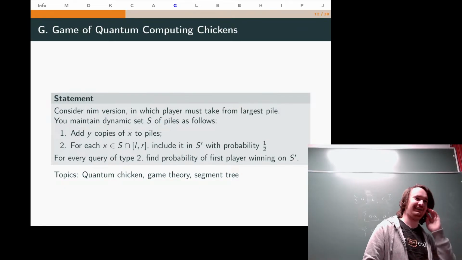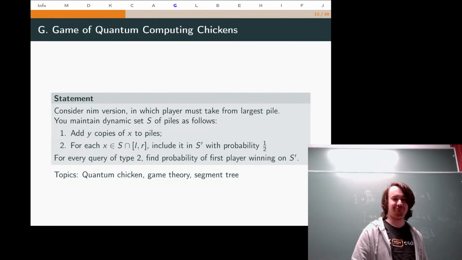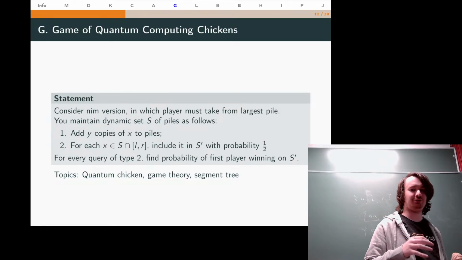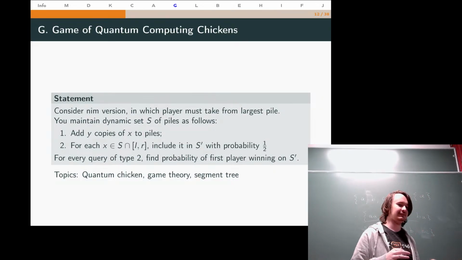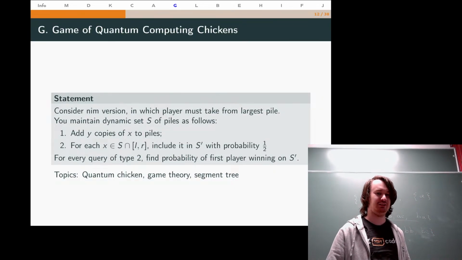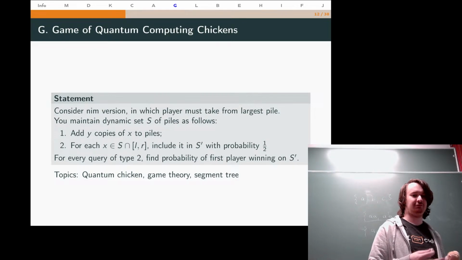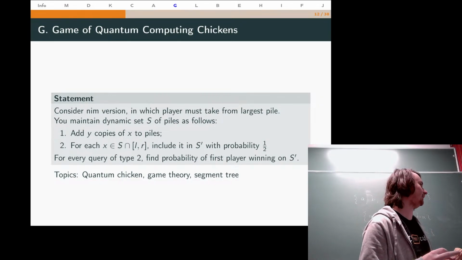We consider a version of a game in which a player must always take from the largest pile, and then we need to process some queries about this kind of game in a dynamic set S. We need to respond to two kinds of queries.